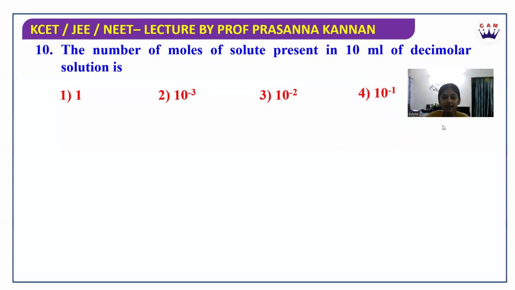Sir, 10 power minus 3, sir. 10 power minus 3. Perfect. What is decimolar, Evelyn? Sir, 1 by 10 molar. 1 by 10 molar. Very good. Decimolar is 1 by 10 molar or 0.1.